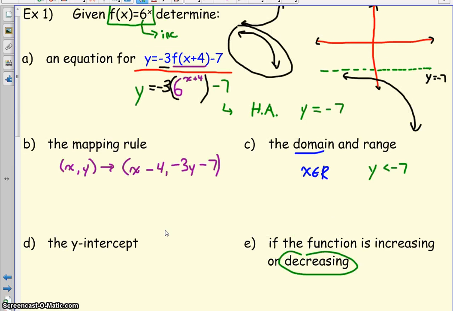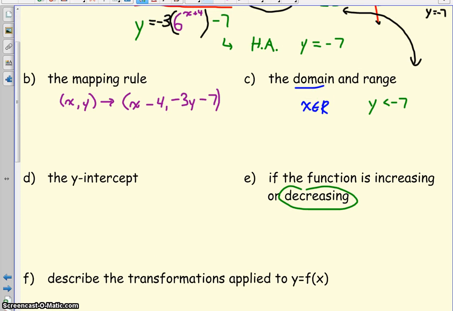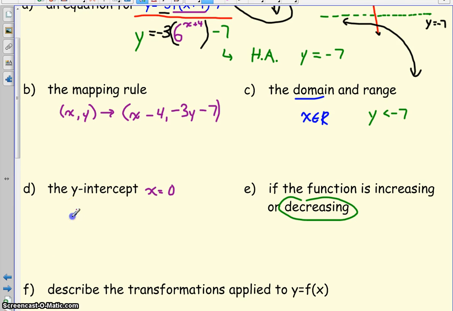As for the y-intercept, I should be able to calculate that by, again, letting x be equal to 0. I don't have Desmos to help me out here. So I'm going to have y equals negative 3, 6 to the exponent of 0 plus 4, which is just 4, minus 7.